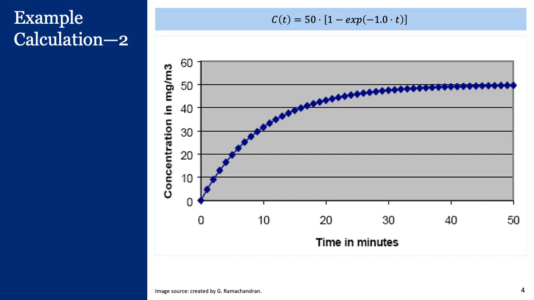So let's again spend some time thinking about the physics of what's happening in the room. We start off with a clean room, so the concentration at t equal to 0 is 0. And now as contaminant starts being added to the room because of the generation process G, the concentration in the room is increasing.